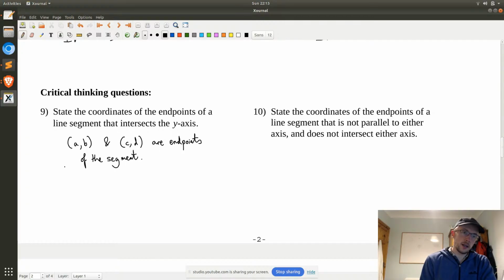And if it intersects the y-axis, so either a is less than or equal to 0.